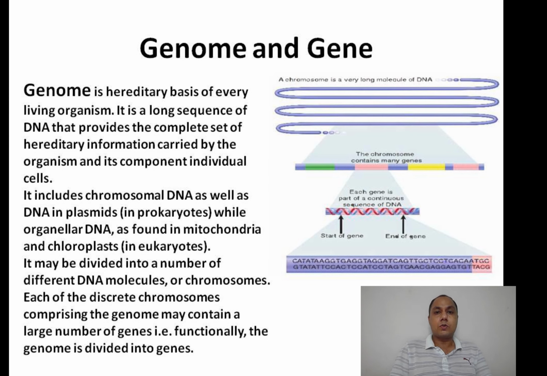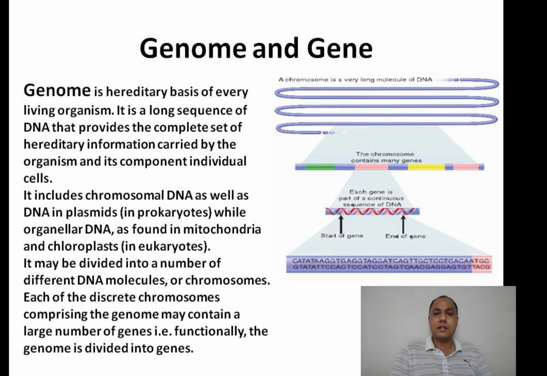In this diagram you can see this is the whole genome, and that part of the genome is a chromosome, and in this chromosome there are many genes. Say this particular part is a gene.